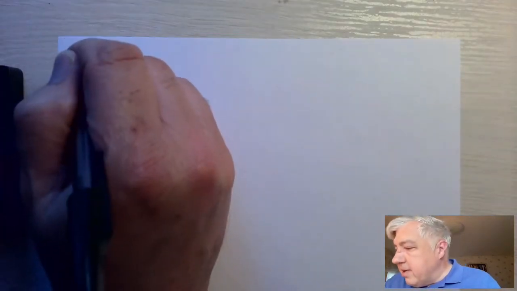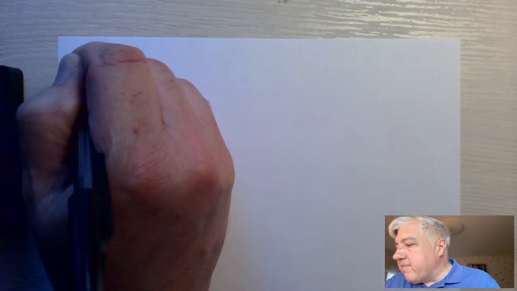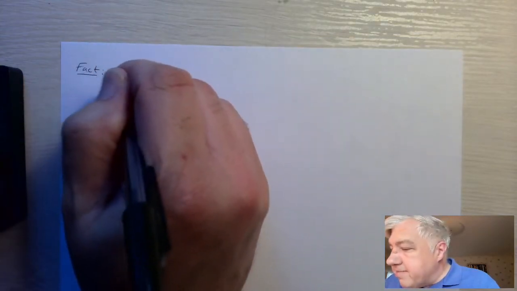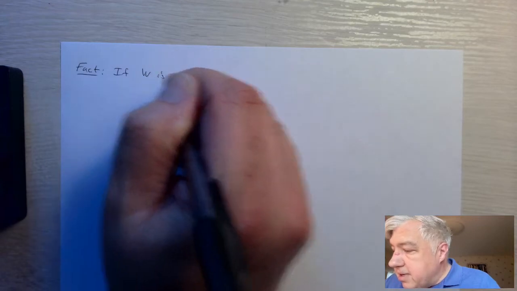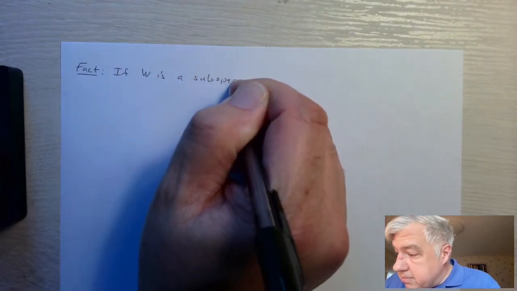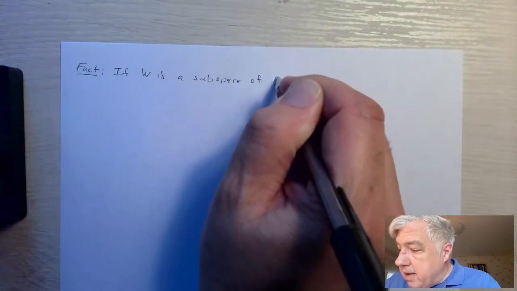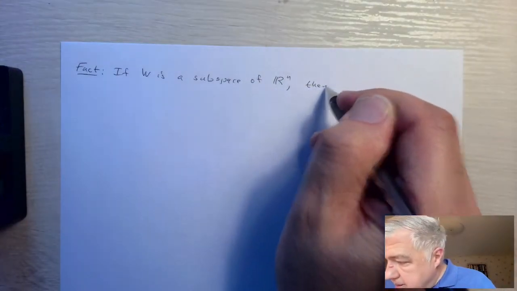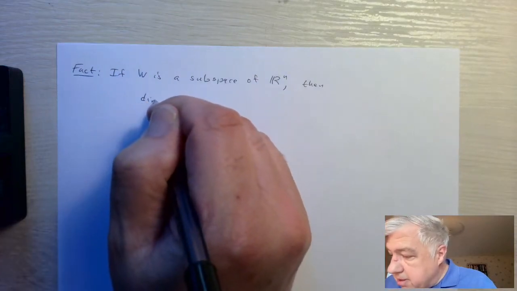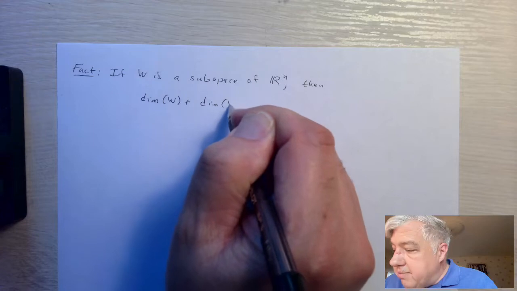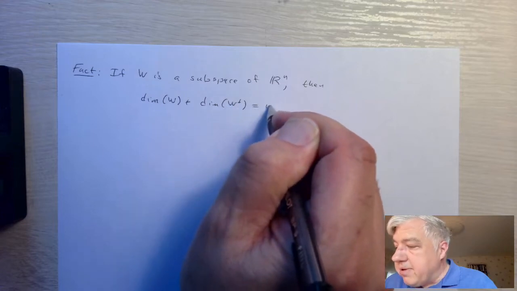It says that a very important fact, it should be a theorem, but I'll just leave it as a fact, that if W is a subspace of Rn, then the dimension of W plus the dimension of W perp is equal to n.